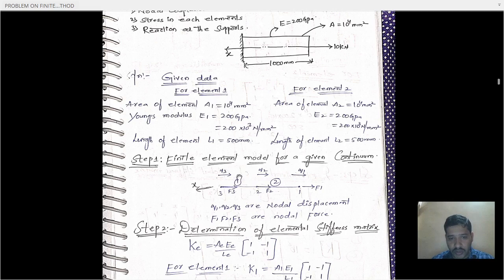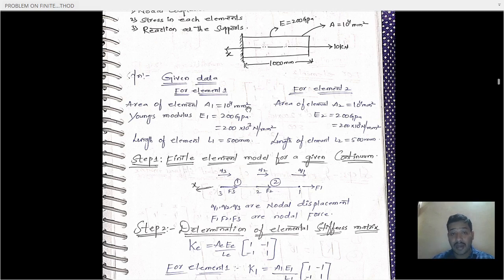You can observe in this figure: the first node, the center point is represented as the second node, and this fixed end represents the third node. Joining the third node to the second node forms the first element. Joining the second node to the first node forms element 2.